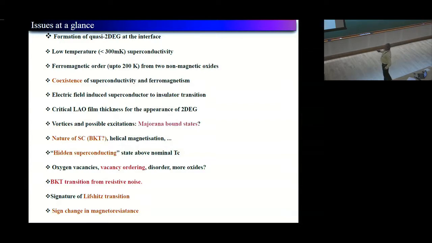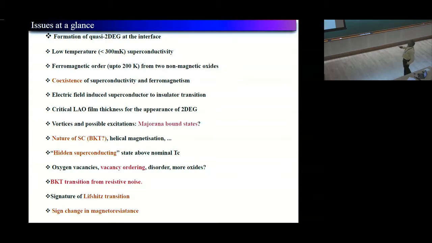Then there is this coexistence of superconductivity and ferromagnetism. And then, of course, this extreme tunability with respect to the conductor-insulator transition. Then all these issues are being debated. None of these issues are sorted out except for probably this one, polar catastrophe.